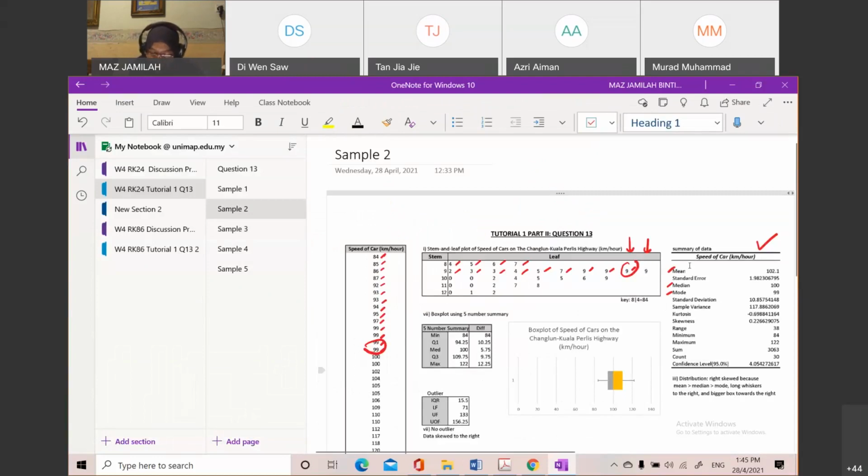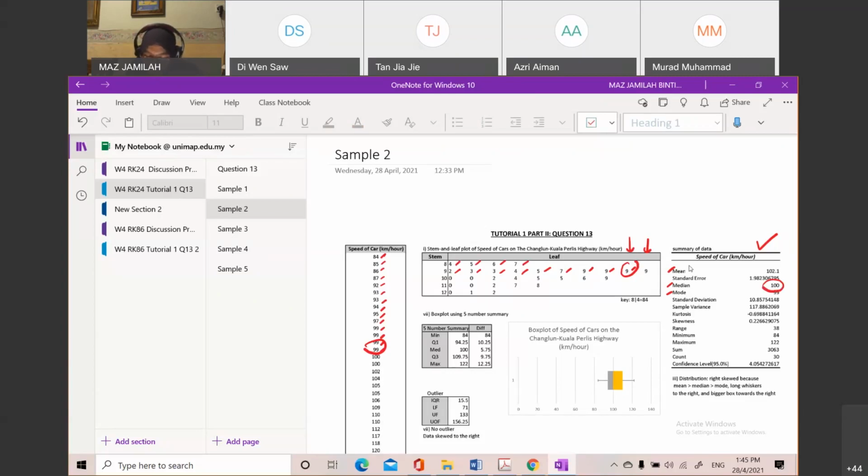Now, in this case, your median would be 100. In this case, the median is 100, because the input data is wrong. The median is 100.